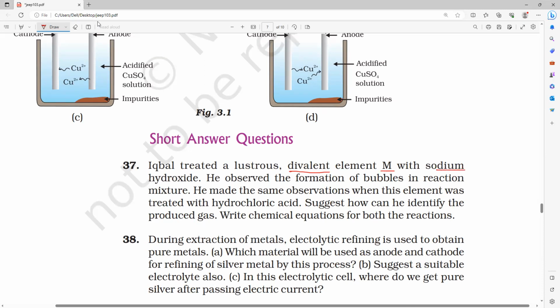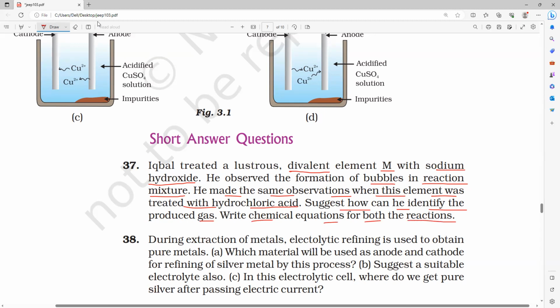He observed the formation of bubbles in the reaction mixture. He made the same observations when this element was treated with hydrochloric acid. Suggest how he can identify the produced gas. Write chemical equations for both the reactions.